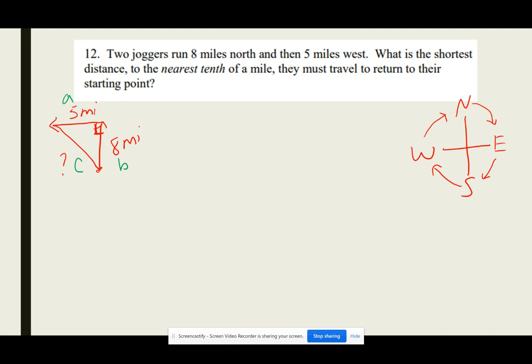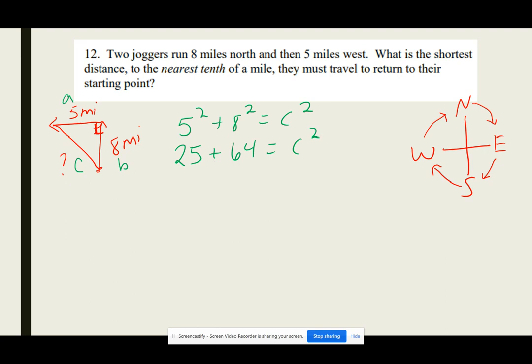All right, let's go ahead and substitute these into our equation. So we have 5 squared plus 8 squared equals C squared. 5 squared is 25. 8 squared is 64. And C squared is our missing side.